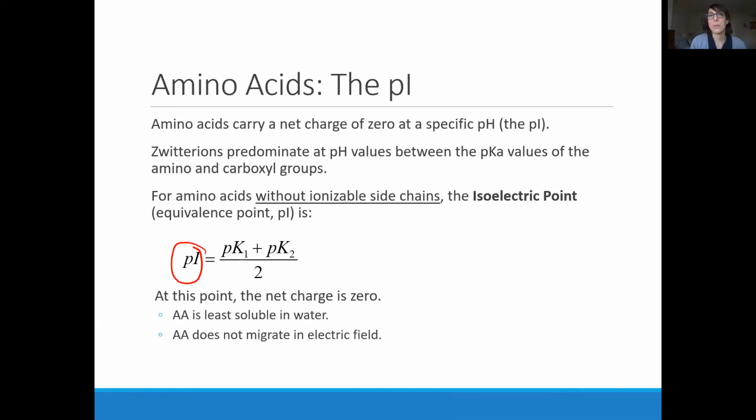Because it's neutral, and we already know that things with charges on them are more soluble in water. And it will not migrate in an electric field. That's important when we start talking about some of the methods for looking at amino acids. So as biochemists, to be able to identify different amino acids, this point about being able to migrate in an electric field is important.